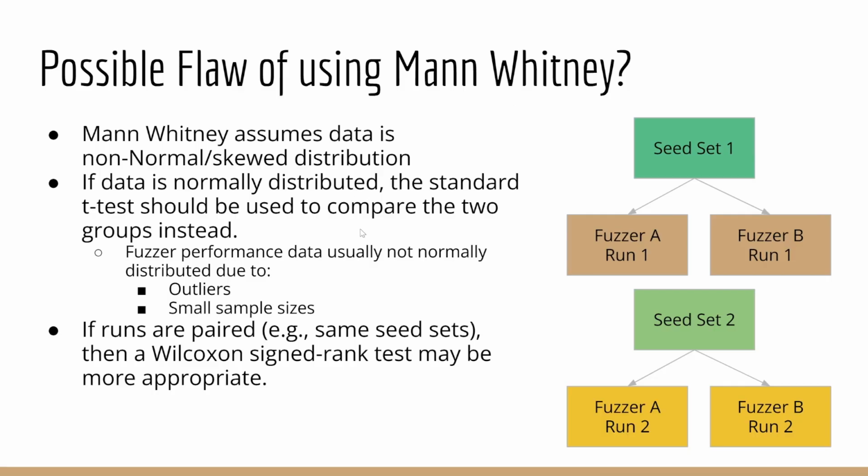Doing more research, it looks like it's fine and it's still used because fuzzer data is usually skewed due to small sample sizes, which lead to random outliers, just due to the randomness of fuzzers. There could be better tests, like if you paired runs that use the same seeds, then maybe a Wilcoxon signed-rank test may be more appropriate. But I won't go too in depth about all these different types of tests because there are other evaluation factors.